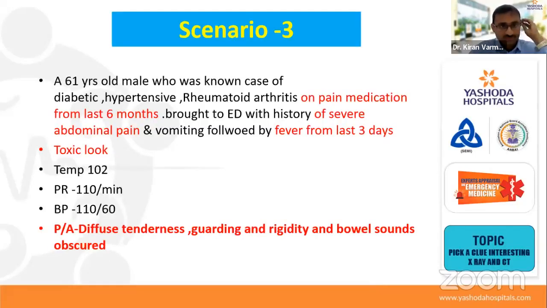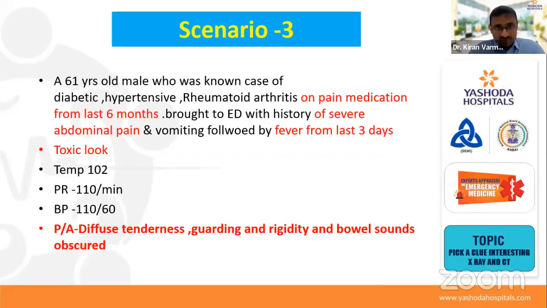Scenario 3. 61 years old male who was known case of diabetic, hypertensive, rheumatoid arthritis on pain medication from last 6 months. So brought to ED with history of severe abdominal pain and vomiting followed by fever from the last 3 days. So here are clues in the history. Clues are like rheumatoid arthritis on pain medication from last 6 months.